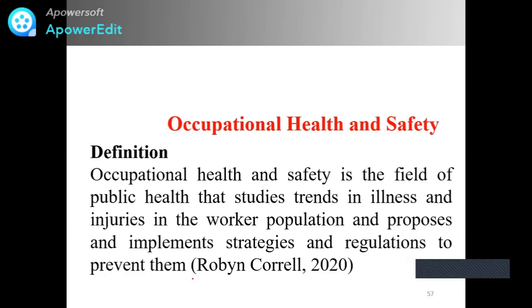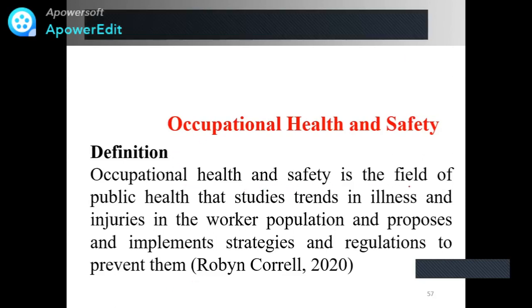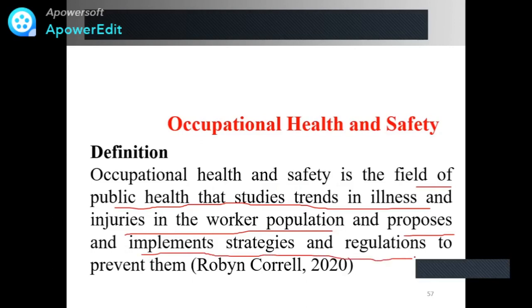It relates to health, safety, and welfare issues in the workplace. This is the definition: occupational health and safety is the field of public health that studies trends in illness and injuries in the worker population and proposes and implements strategies and regulations to prevent them.